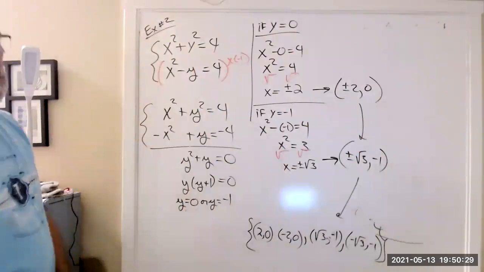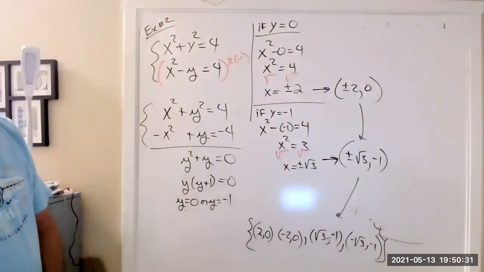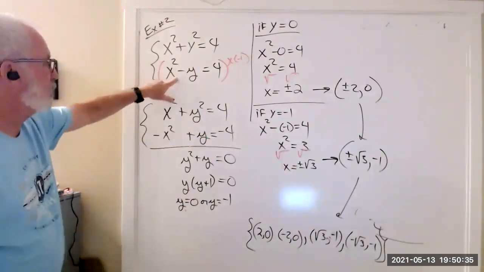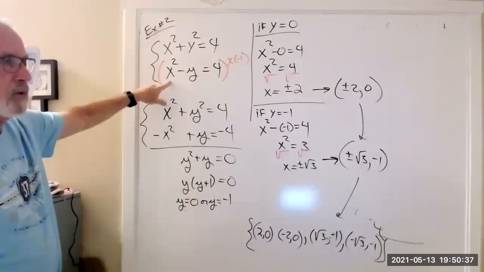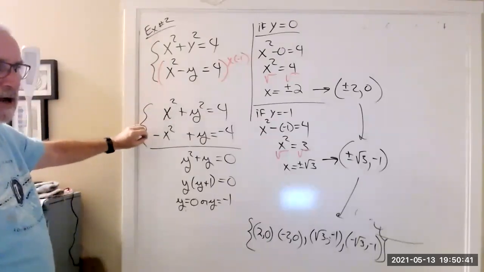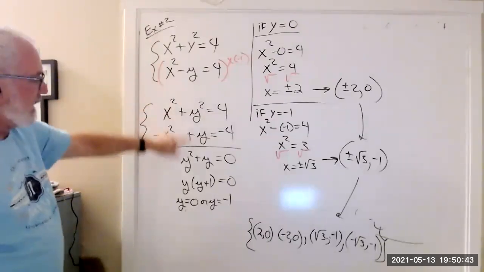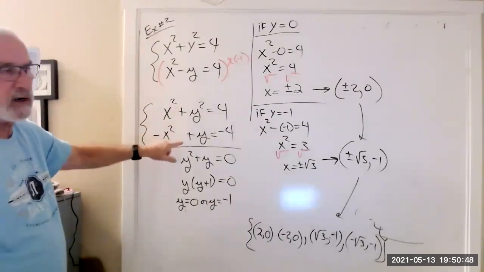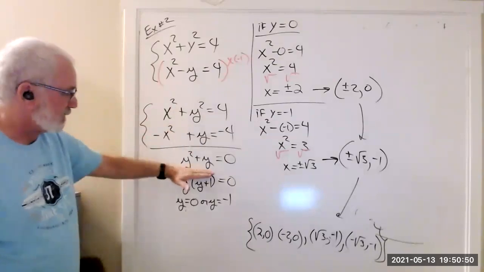So I wanted to show you the addition elimination method. Okay, so I multiplied the bottom equation by -1, so that when I added these two together, the x squareds dropped out. I had to figure out how to add y squared and y, and I figured out I couldn't, so I just said that's the best I can do.